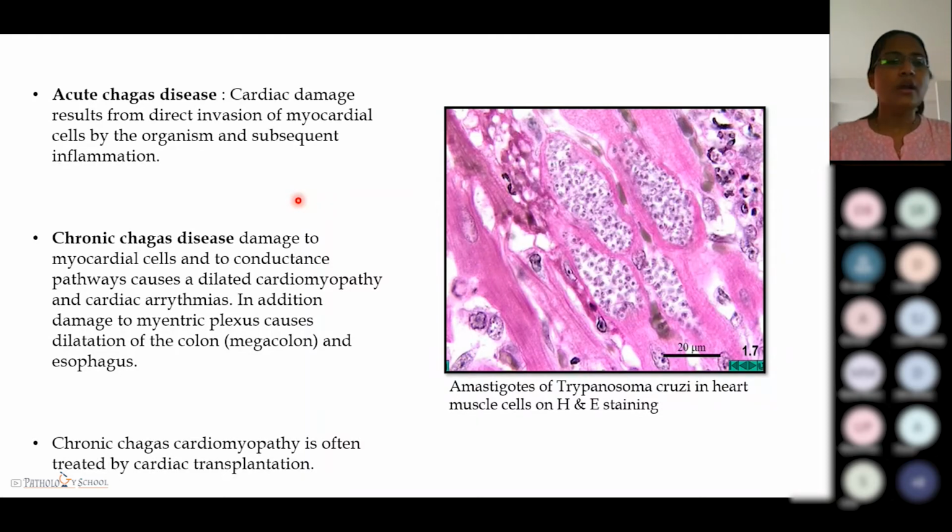In addition, damage to the mesenteric plexus causes dilatation of the colon, that is megacolon, and of the esophagus. Chronic Chagas cardiomyopathy is often treated by cardiac transplantation. Here, in this microscopic picture, amastigotes of Trypanosoma cruzi in heart muscle cells can be seen on H&E staining.